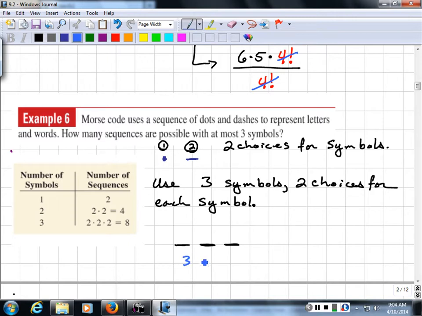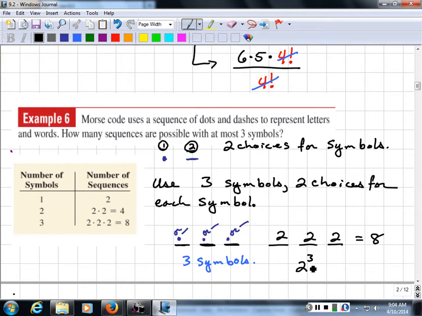That's my 3 symbols. And it's either going to be a dot or a dash right here, a dot or a dash right here, and a dot or a dash right here. In other words, I've got 2 choices in each spot, which is equal to 8, or 2 to the 3rd power.